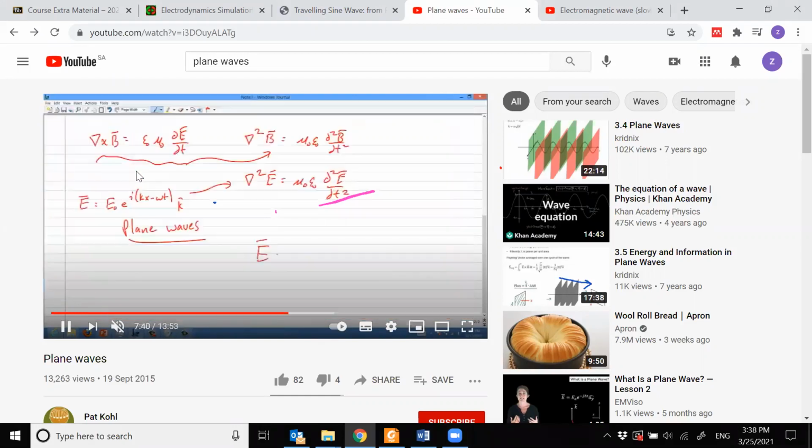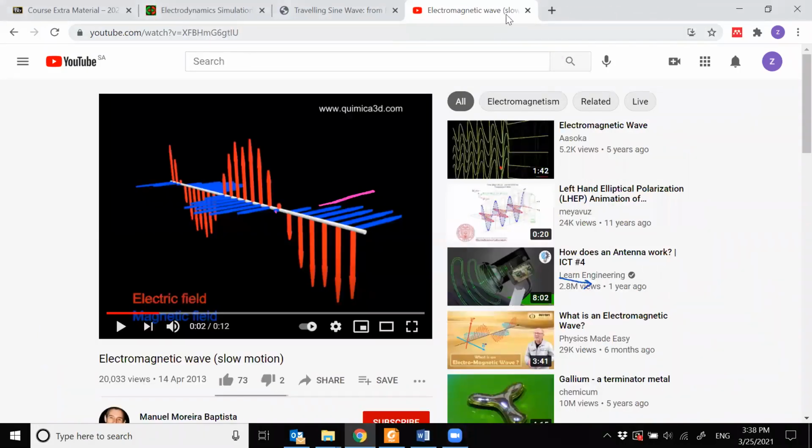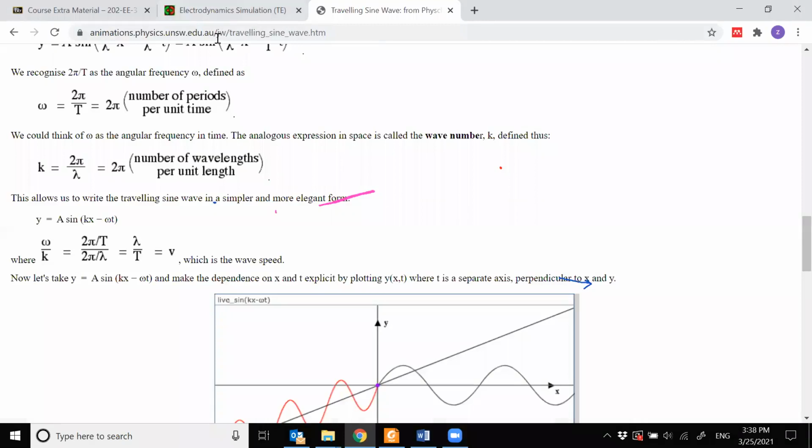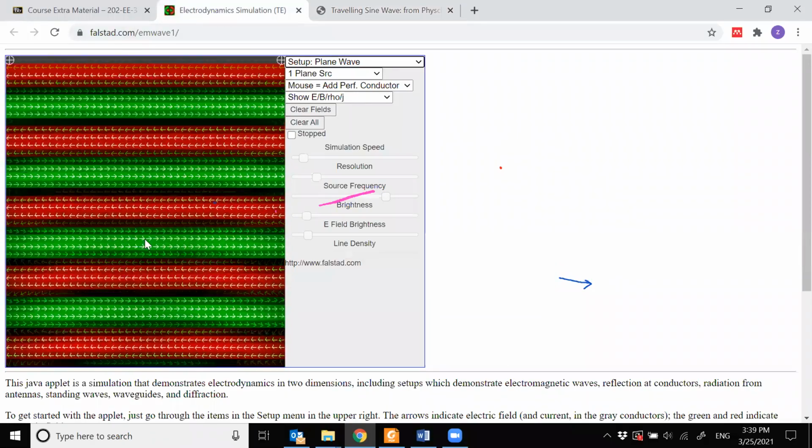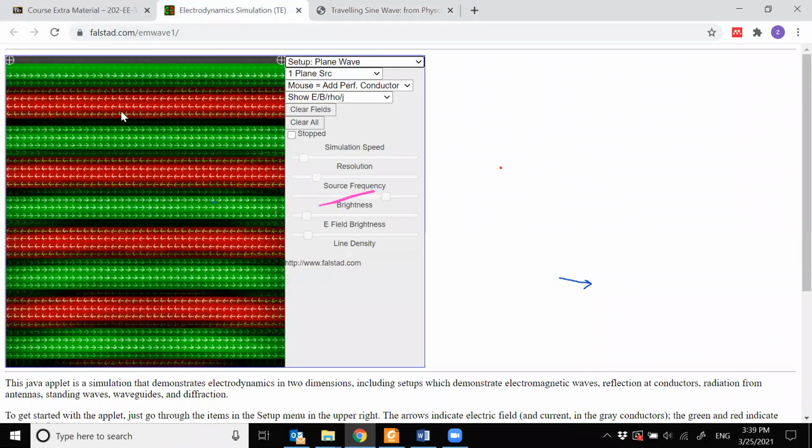And if I move anywhere in the plane, my omega t minus beta z is fixed, a constant. That's why it is called a plane wave. So I think that was the explanation of the plane wave. If you want, you can also see the plane wave in this direction, where you can assume that the green is the negative part and the red is the positive part, and see how it moves.